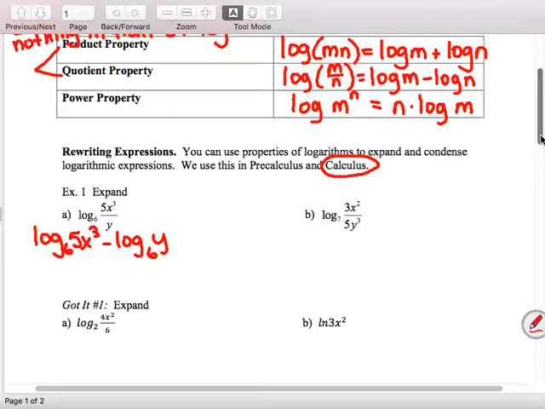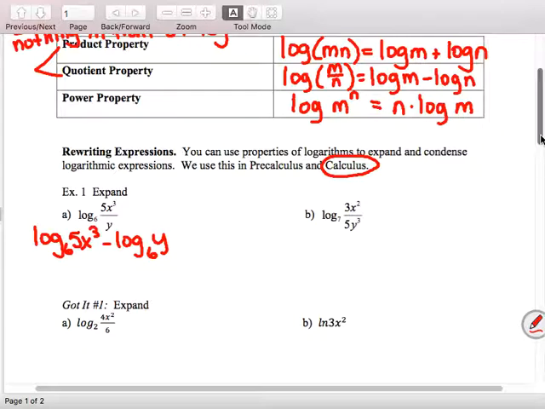Now, I want to go back up and explain my note, okay? When I have the power property, that only works if it's a power to everything. This has to be the log of everything to the n power. The 5 does not have a 3 on it. It does not have a power of 3.